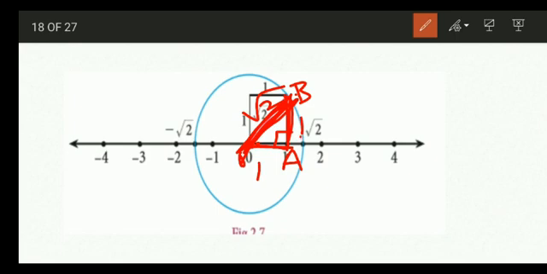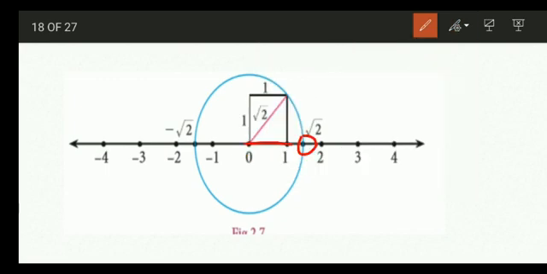That will cut the number line at this point. Since the radius of the circle is root 2, this length is also root 2. So this point is the value of root 2, and we can mark root 2 here. This is the representation of root 2 on the number line.